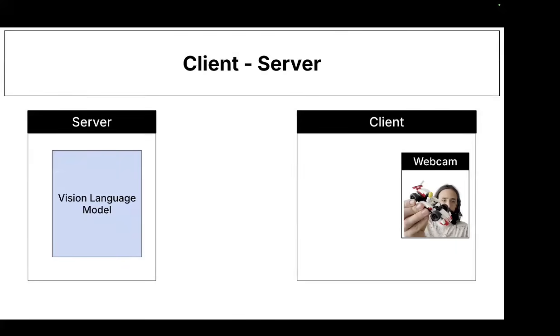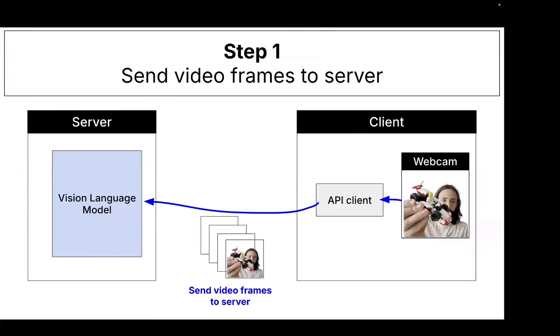You capture your webcam feed, and then you have some code, like the OpenAI Python SDK, that acts like a client that takes these images captured locally on your computer and sends them to a remote server at OpenAI somewhere in North America. Then the model does the inference step.